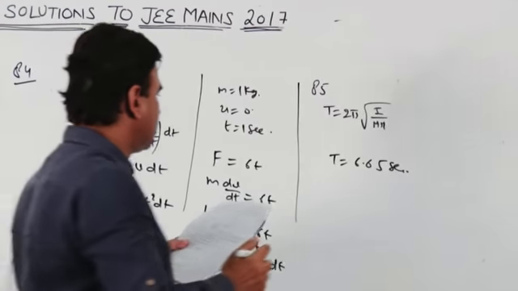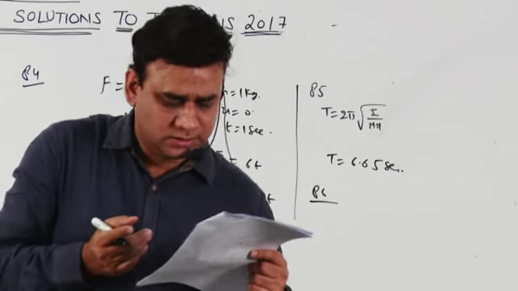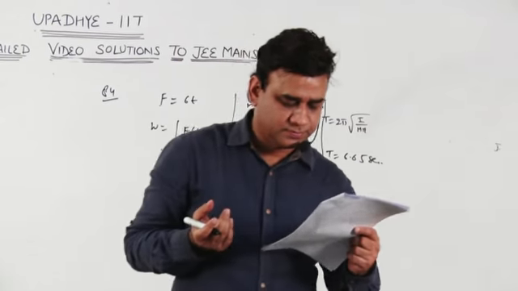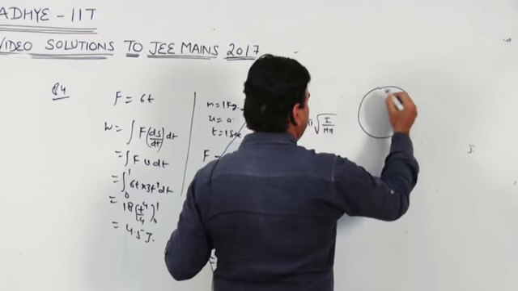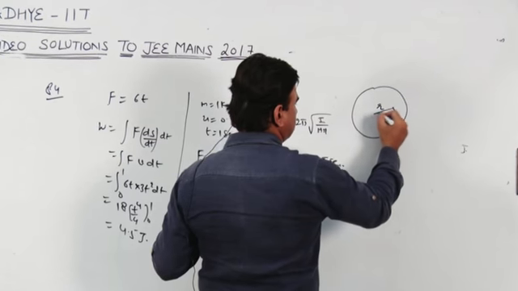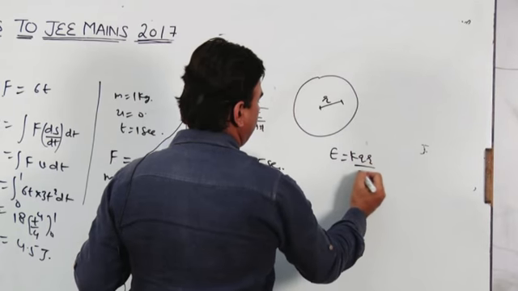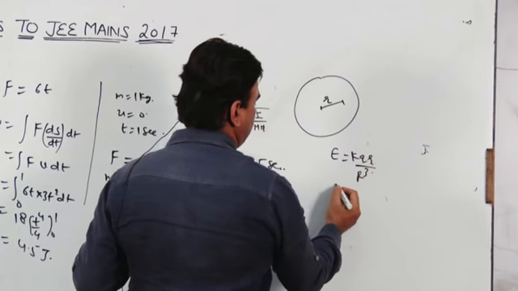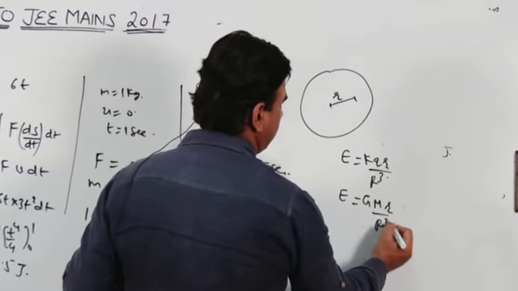Now move to question number 86. Question 86 is basically just like electrostatics. As we know, in an electrostatic field inside a solid non-conducting sphere, at any small distance r, the field is nothing but kq r by R cube. Similarly here, the gravitational field is G M r by R cube inside.